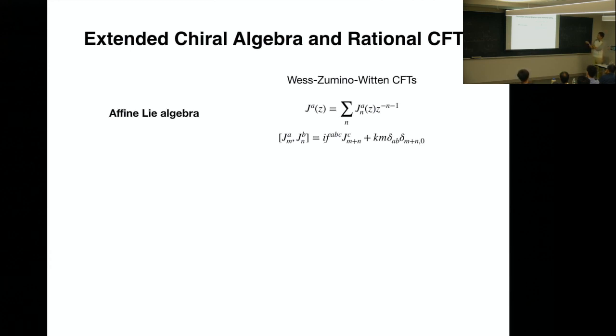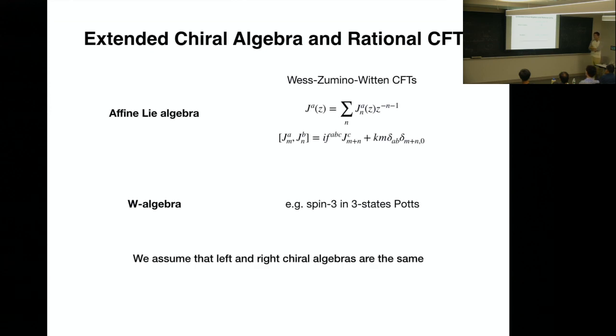This current is just the mode expansion of the actual current, and then they obey this kind of Kac-Moody algebra. This is the most well-known extended current algebra, and there are also probably less familiar, more exotic ones, for example W algebras, like the W3 algebra in the three-state Potts model.